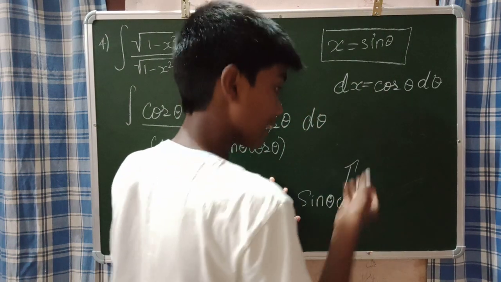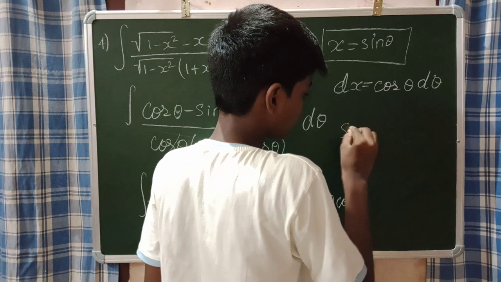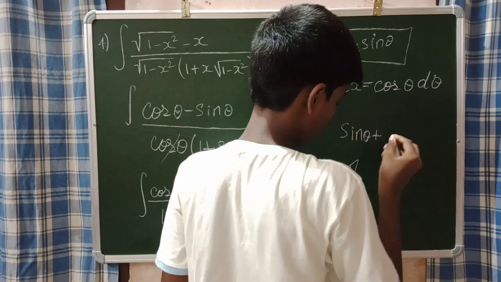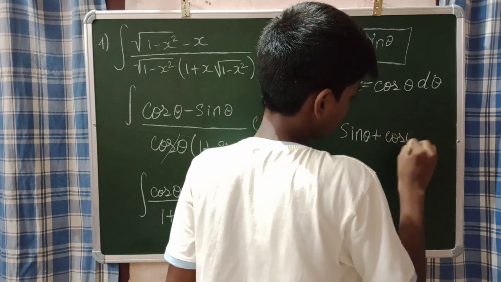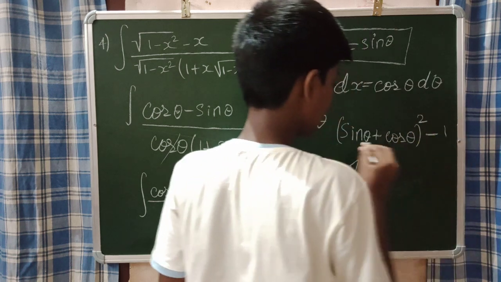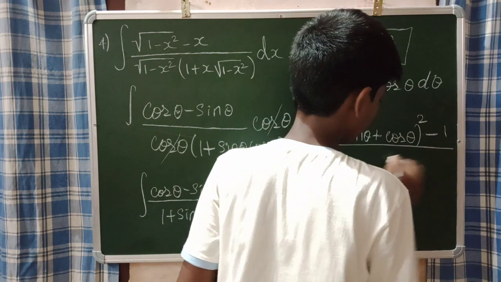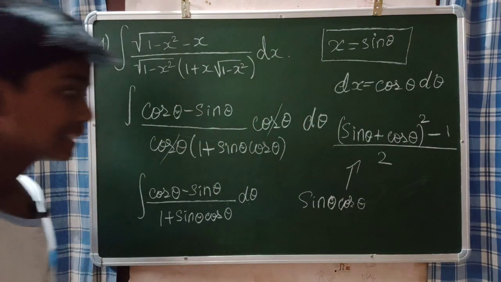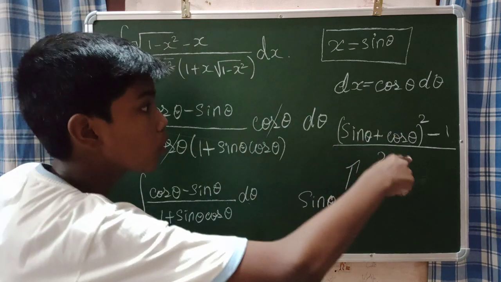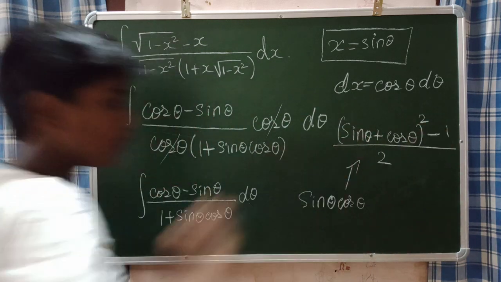Sin theta cos theta can also be written as sin theta plus cos theta whole square minus 1, divided by 2.